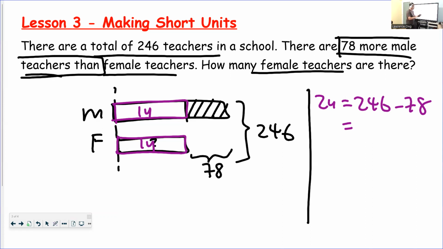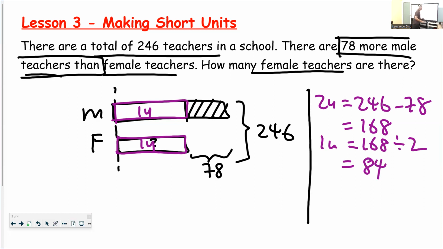So two units will be 246 minus 78, and you will get 168. And what is the whole idea of drawing a model? It is to find the value of one unit. So one unit will be 168 divided by 2, and you will get 84.